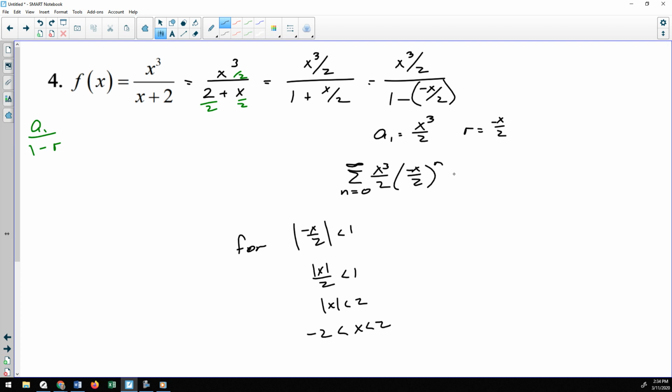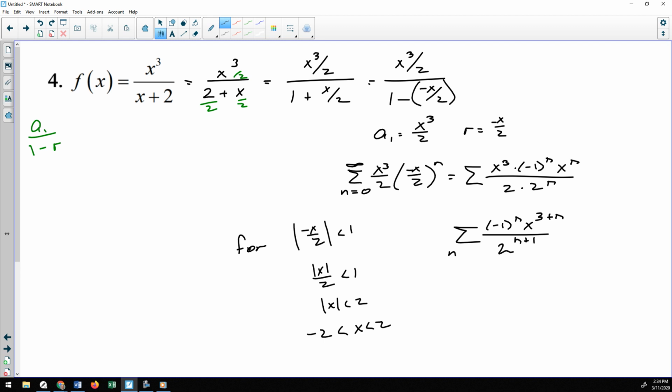And if you wanted to rewrite this and separate all the terms out, that's x cubed times -1 to the n times x to the n over 2 times 2 to the n, which then can be rewritten as -1 to the n x to the 3 plus n over 2 to the n plus 1.